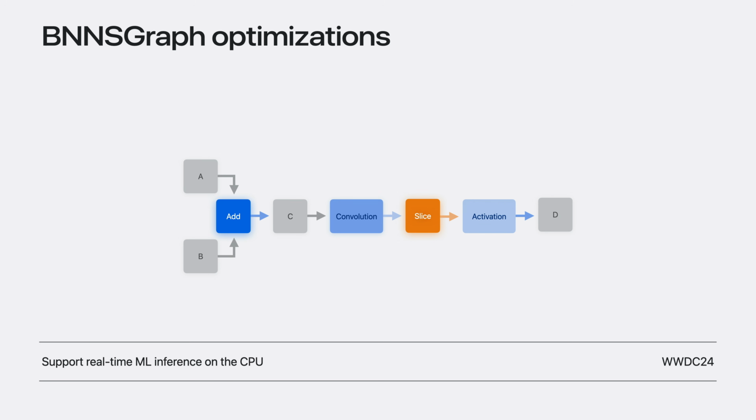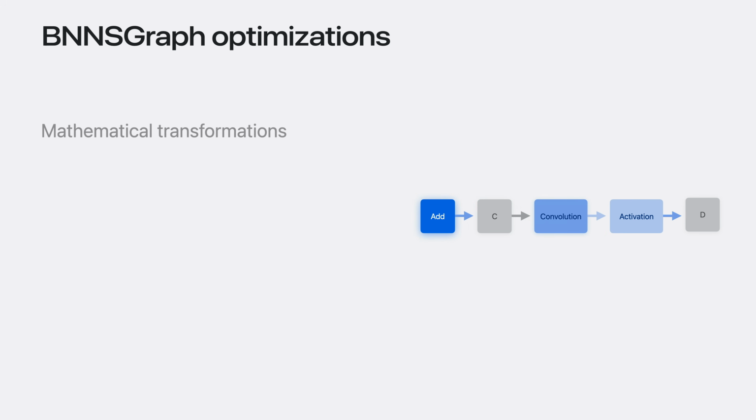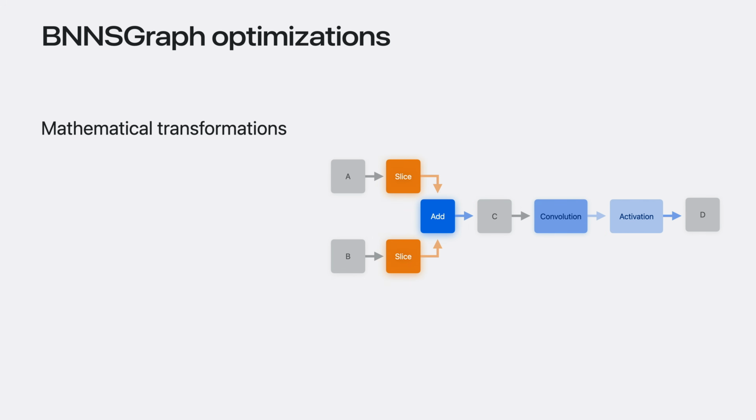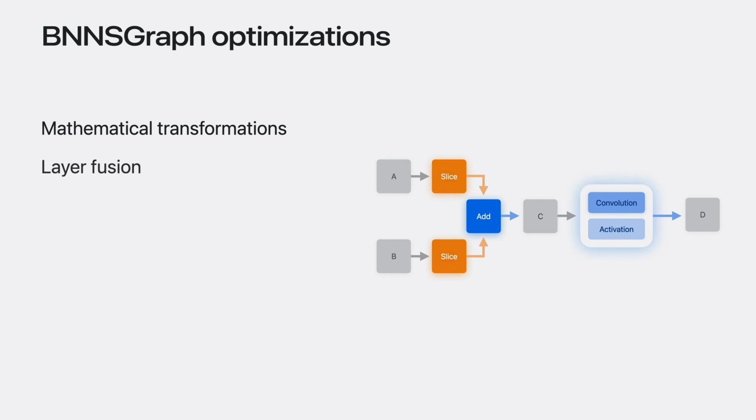Let's use this small section of a model to explore some of these optimizations. One of the optimizations is a mathematical transformation. For example, reordering a slice operation so that BNNS only needs to compute the subset of elements in that slice. Another optimization is layer fusion. For example, fusing a convolution layer and an activation layer into a single operation.